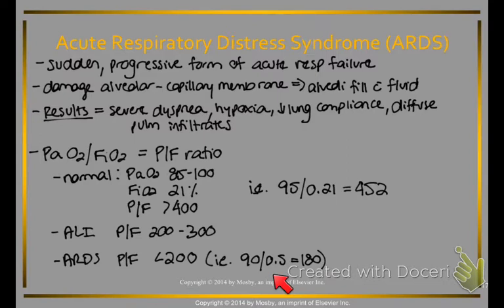Does that make sense? PF is pulmonary function. It's basically PaO2 divided by FiO2. FiO2 is room air, or whatever oxygen we're giving them. So the more oxygen we give them to maintain a normal O2, the lower their PF ratio is going to be.